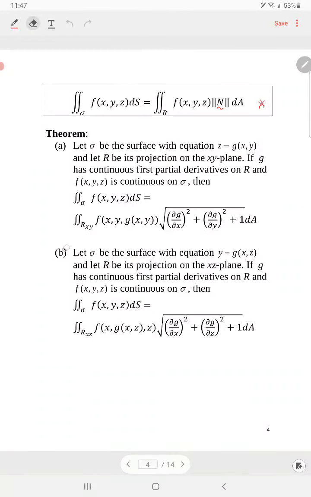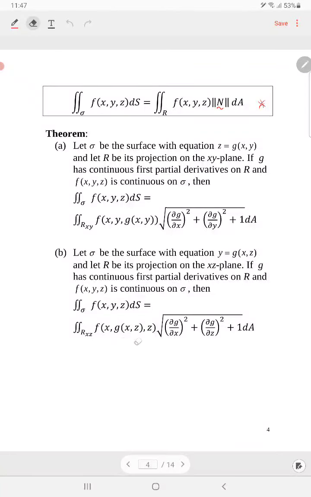Now let's look at the second case. If sigma is given as y as a function of x and z, you need to project your surface sigma onto the xz plane. And when you see y in your function, y must be replaced by g of xz.